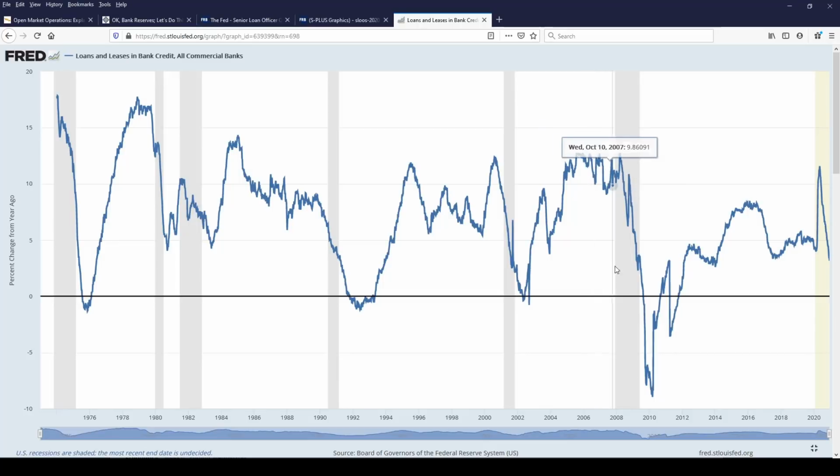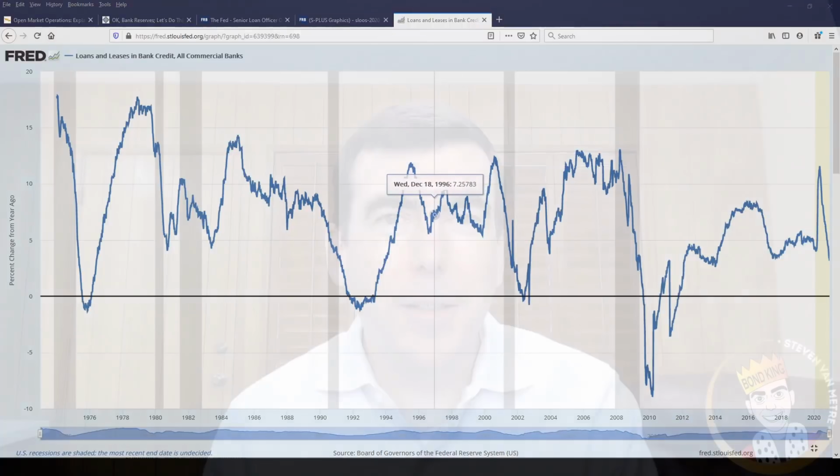When the Fed did quantitative easing during the great financial crisis, it led to lower interest rates and a contraction in credit. And it wasn't until later, starting in 2010, that we really saw credit expand due to lower interest rates. This is the primary reason quantitative easing is deflationary. It's deflationary until interest rates fall enough to spur credit growth, which then becomes inflationary.